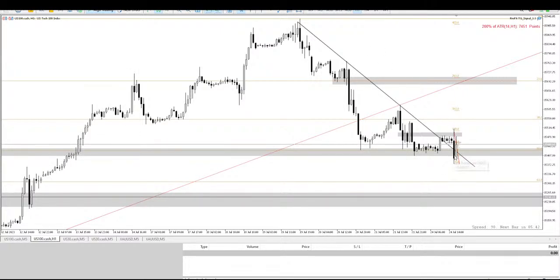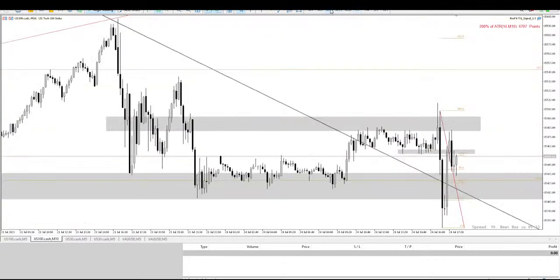So from that perspective, we could say price is going to be bullish, but now we just need to wait for confirmation. The only reason I'm not taking trades right now is because we're in this range. Although we had the trend breakout, we need to wait for a range breakout at this point.